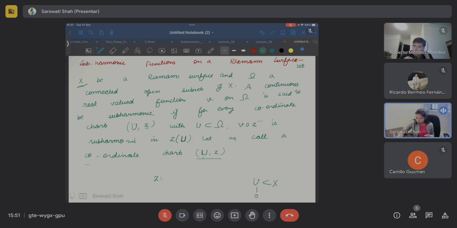U is an open subset of this X and z is defined from u to z of u, because in the coordinate chart the function is assumed to be an onto function.